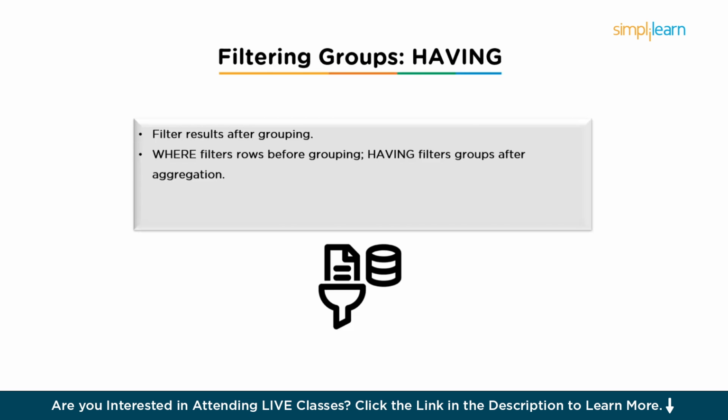Having allows you to apply conditions directly to aggregate results, giving you fine-grained control over which summarized groups are included in your final output. This distinction between where and having is a common point of confusion for beginners, but understanding it is the key to writing effective analytical queries.